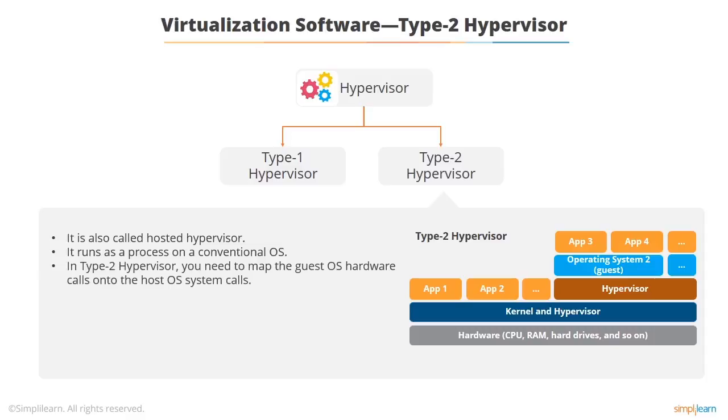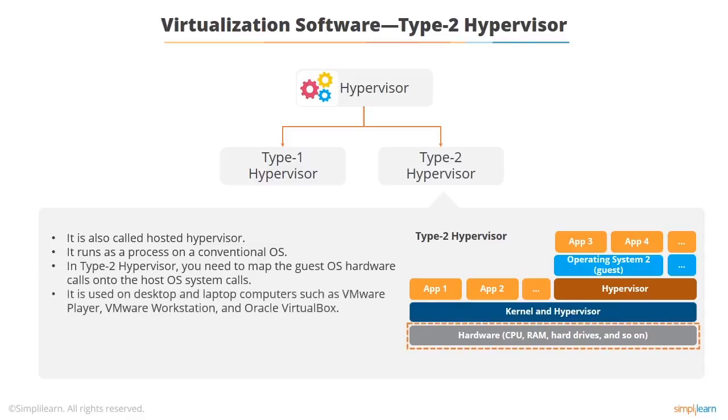And it might have to do some clever tricks to make it look like the guest operating system's got access to the hardware. That includes things like VMware Player, VMware Workstation, and Oracle VirtualBox, which are type 2. So this is the type 2 situation, with an extra layer where there's an operating system underneath the hypervisor.